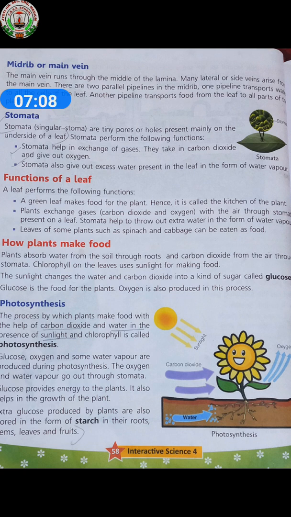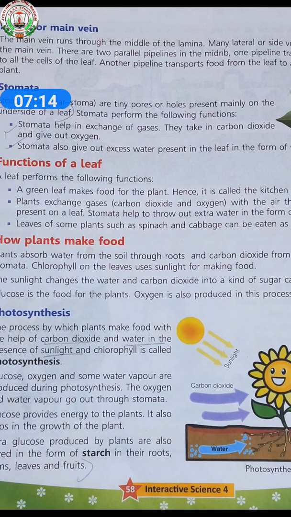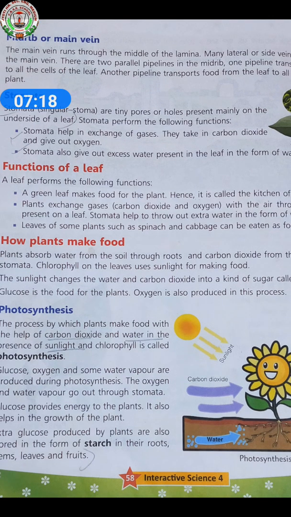Now children, functions of a leaf. A leaf performs the following functions. A green leaf makes food for the plant, hence it is called the kitchen of the plant.